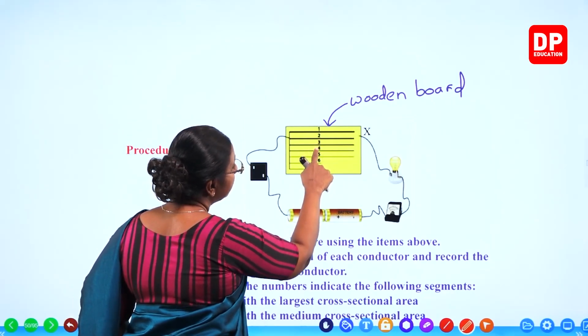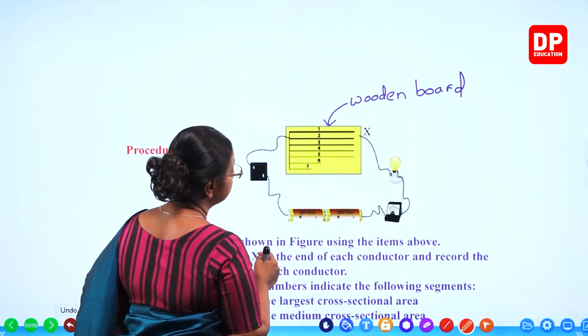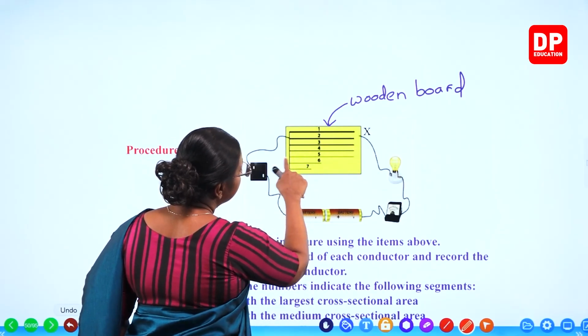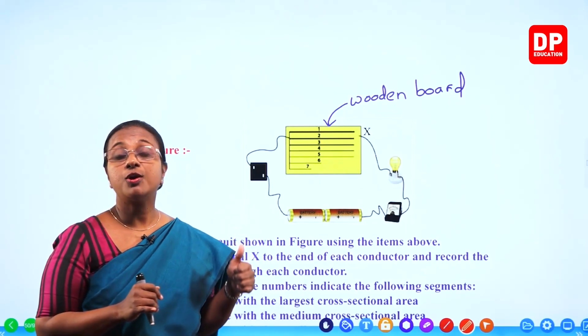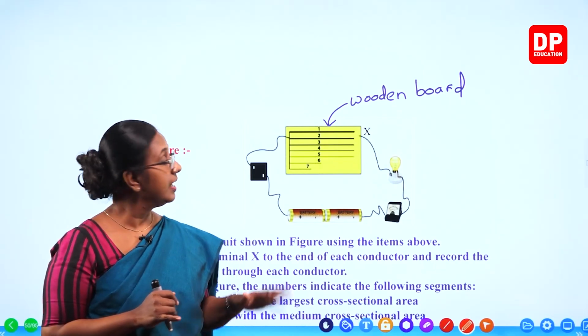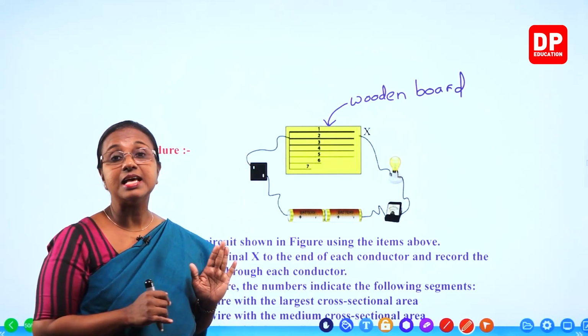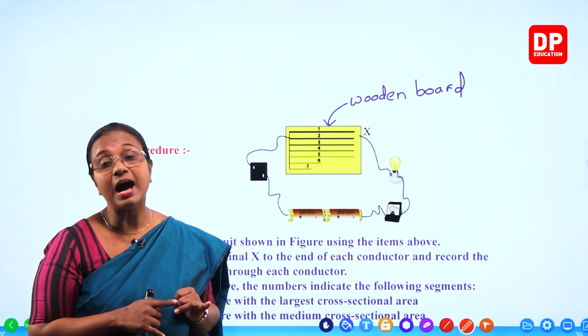Then if you take 3, 4 and 5, again the length is the same, and the area of the cross section is also the same, but the materials are different. We will be using nichrome, copper and iron.